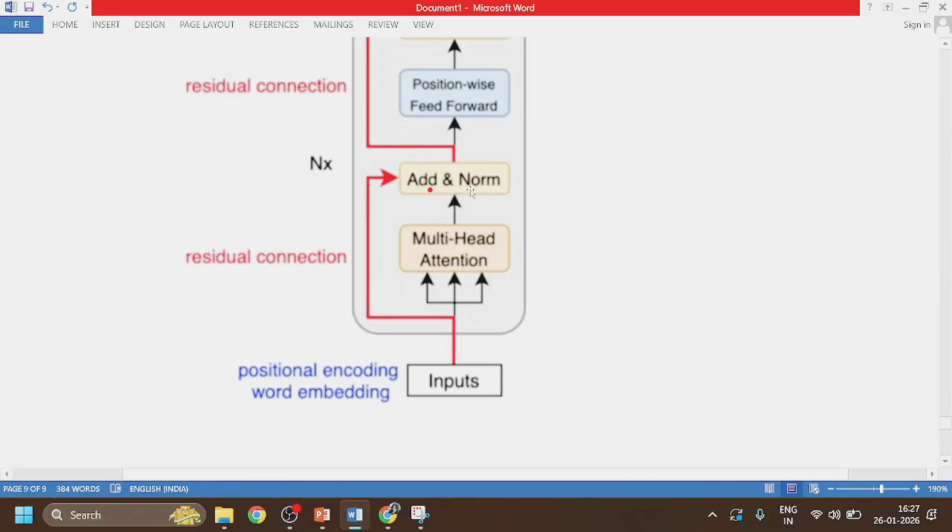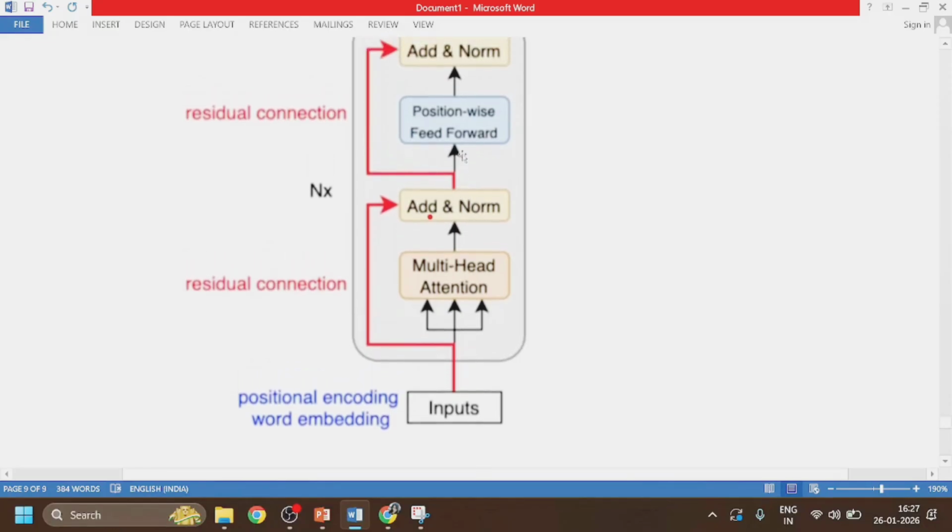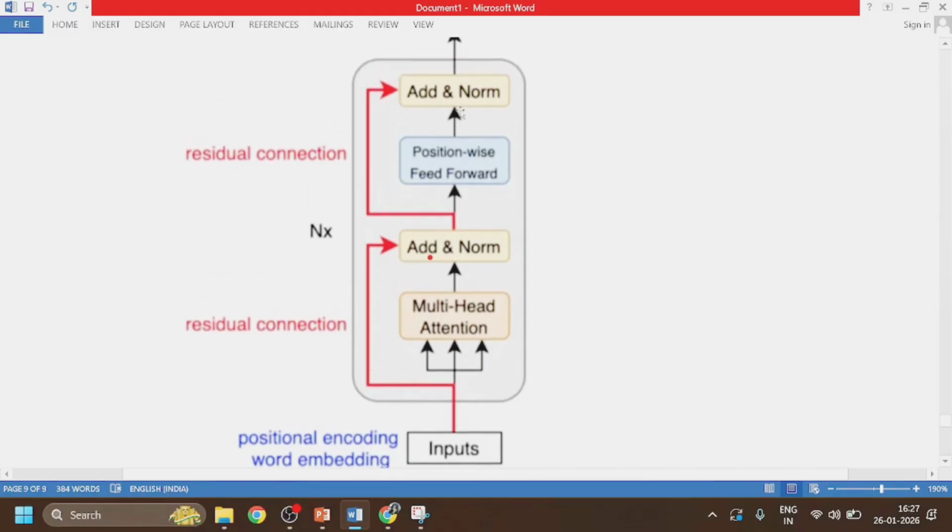After this it passes to the feed forward neural network and we add and normalize again. This entire block is repeated multiple times. So this is the complete encoder block.